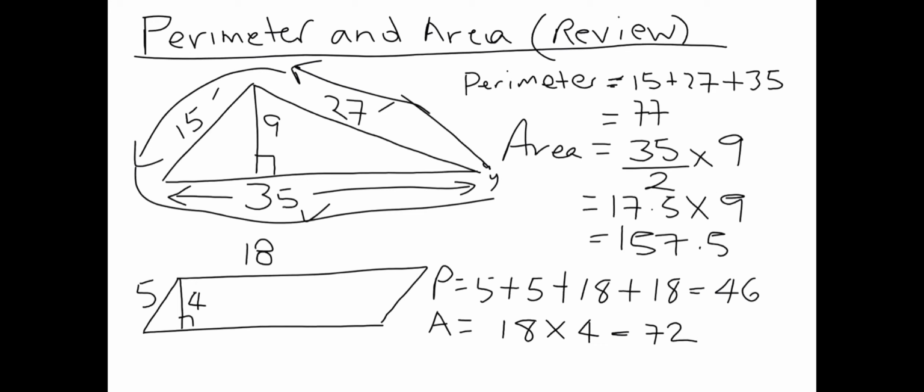That's the perimeter. Now, if we were to consider area, it will be the formula that's given, which is half the base times the height. In this case, the base is always where the right angle meets with the vertical line.